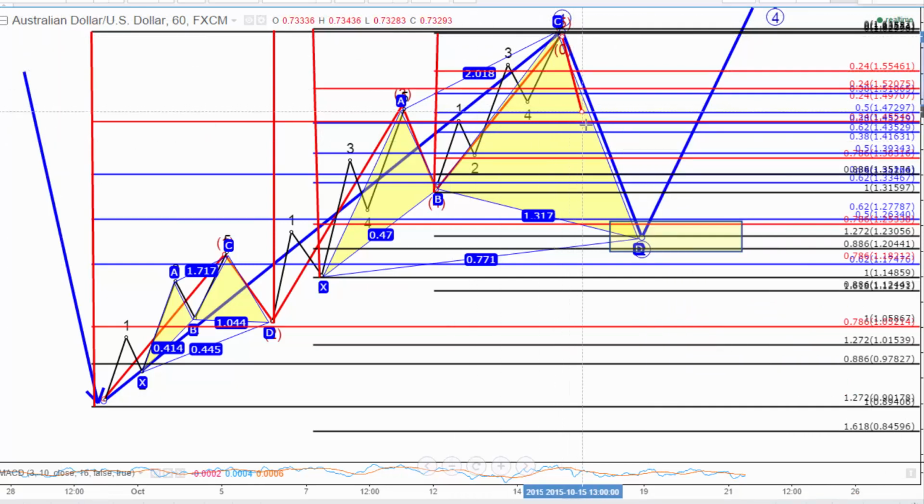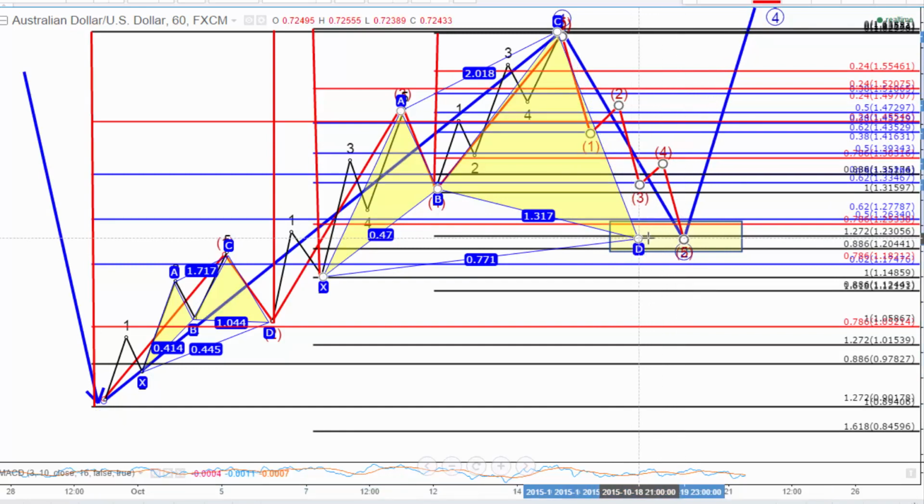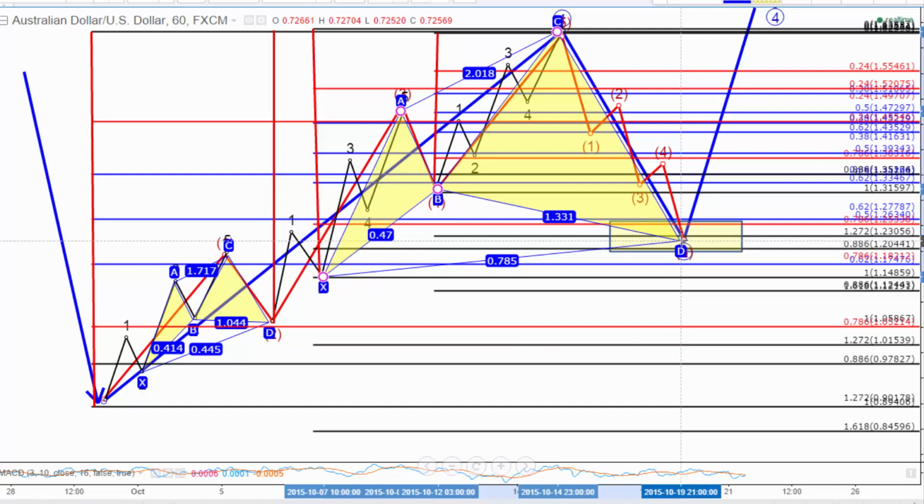So market comes down in its own wave structure. For example, let's just move this here, make everything pretty. When we look at waves, you have the primary trend, you have the intermediate, you have the minor.